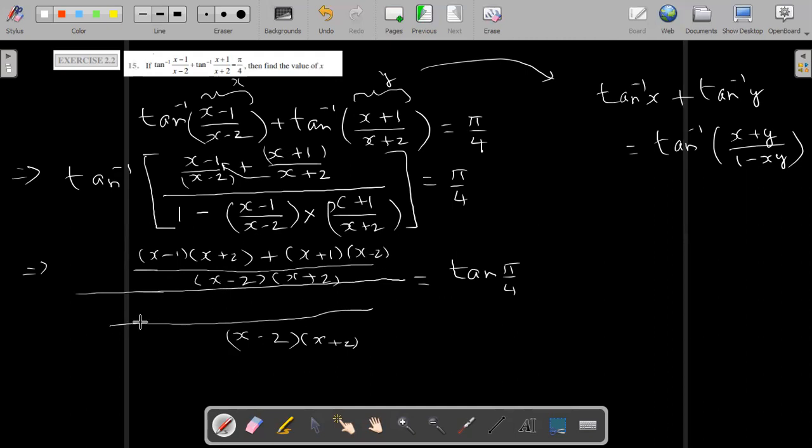In the denominator, (x minus 2) into (x plus 2) multiplies the whole term with 1, and then minus, this minus will come here, and then (x minus 1) into (x plus 2).